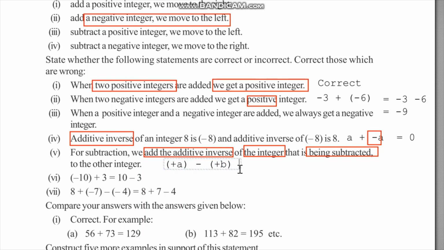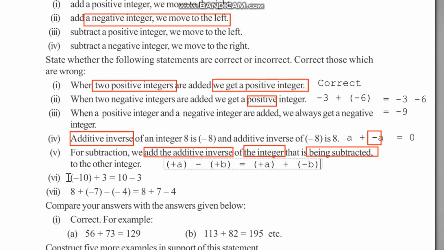So this statement is saying this is equal to the situation where we are adding the additive inverse of b. Do you think this is correct? Yes, this is correct, because we have learned that in both of these situations, we have to move to the left of a. We take a and move b units to its left. So these two are equal to each other, and this statement is correct.